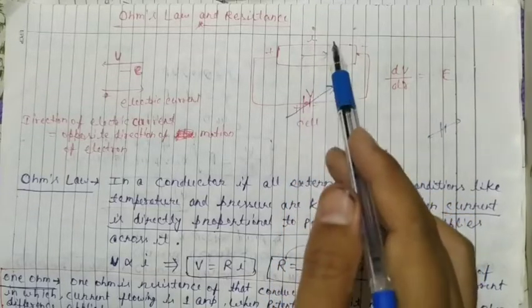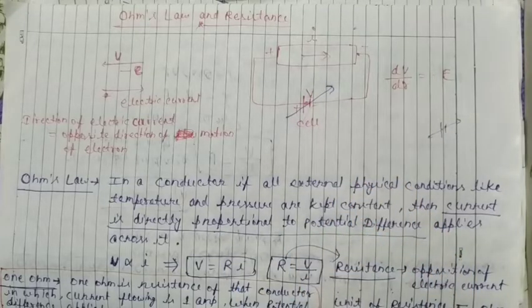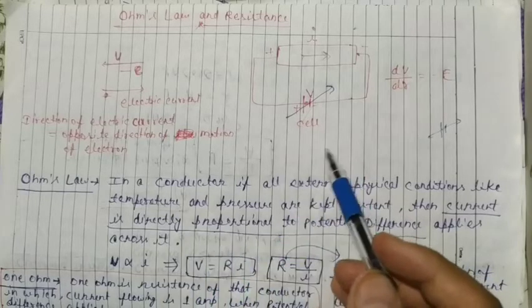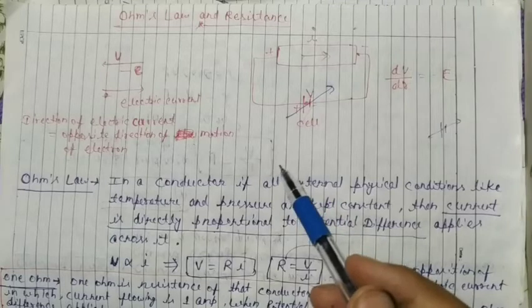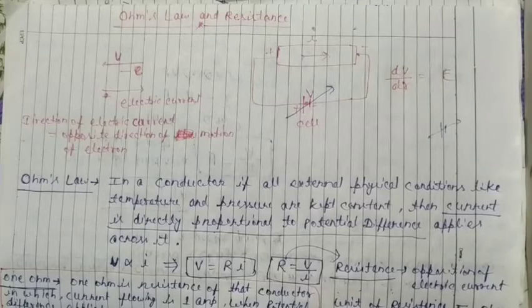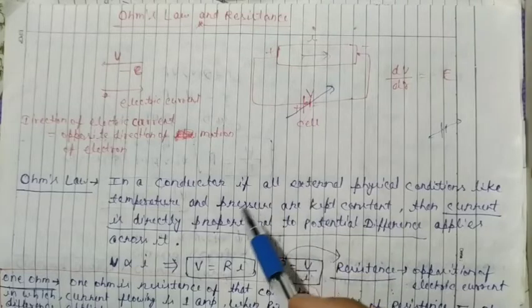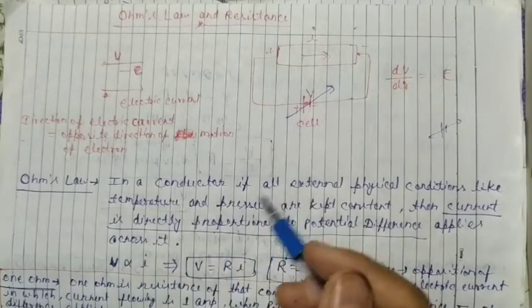So by seeing this, a declaration was made first by Ohm, a scientist, for the first time. He said that if you change the potential, current I will change. That will be a direct proportion.